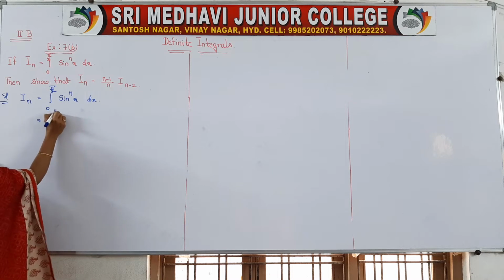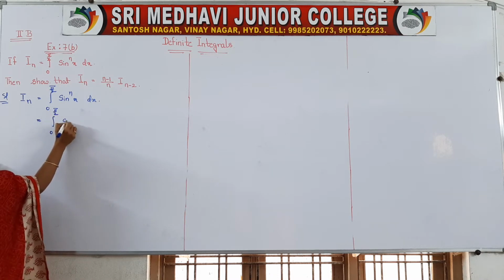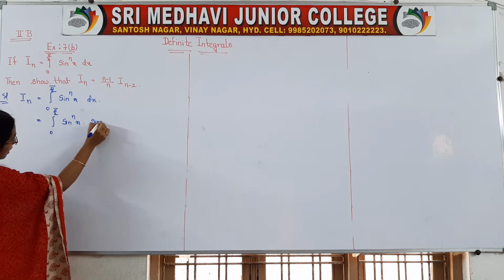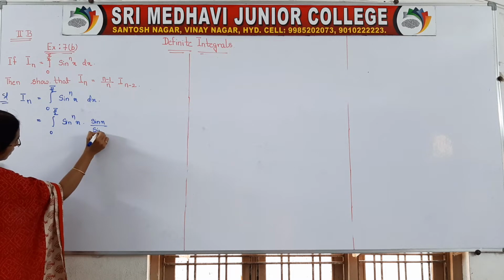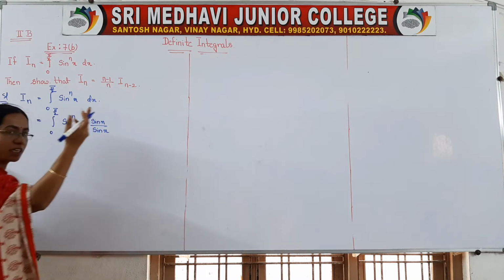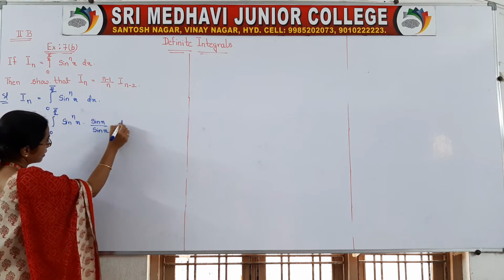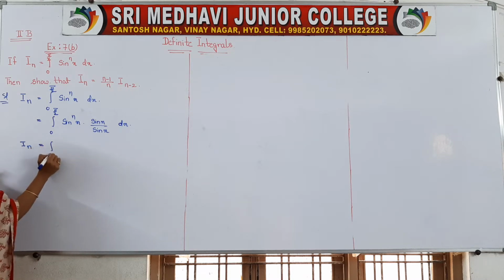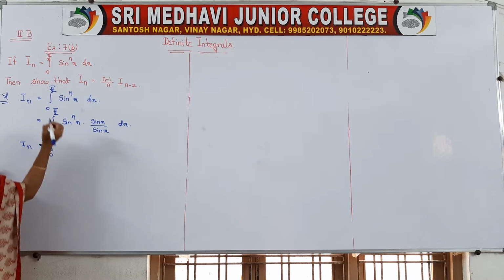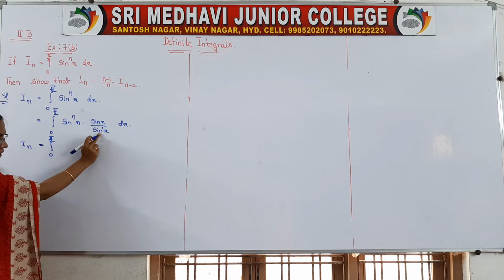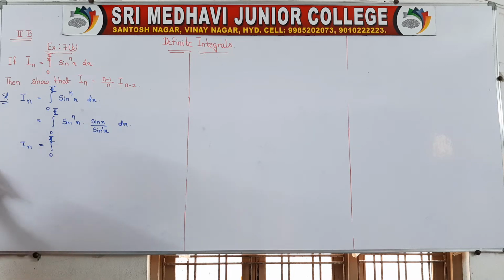So come on, how we will do it? Integral 0 to pi by 2 sine to the power of n x, multiplying and dividing with sin x. So I_n is equal to integral 0 to pi by 2, come on, this is 1. a to the power of m by a to the power of n is a to the power of m minus n.